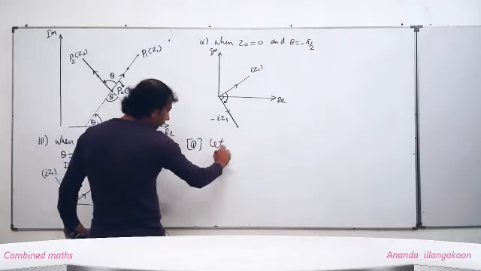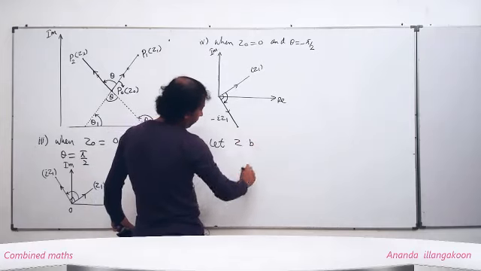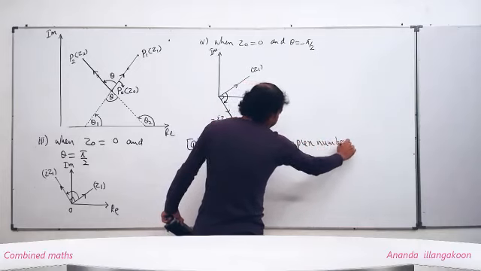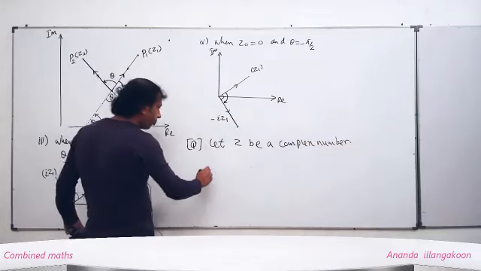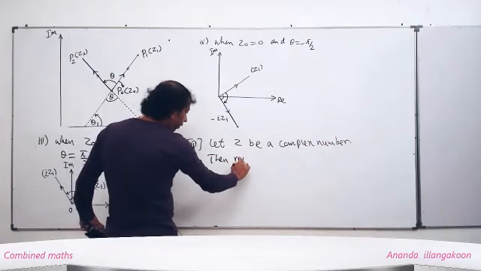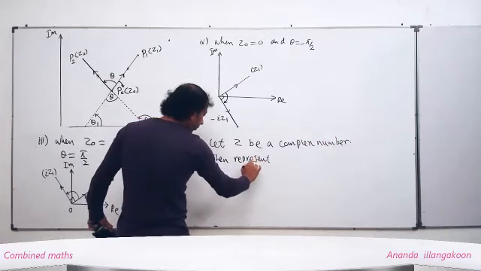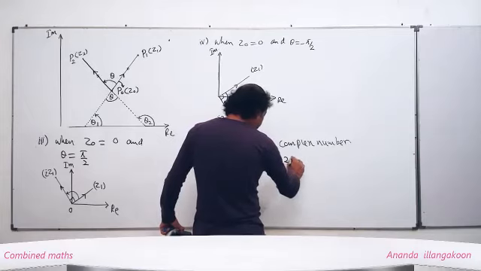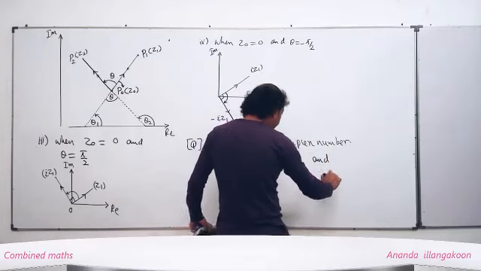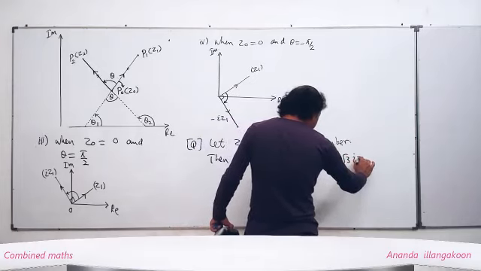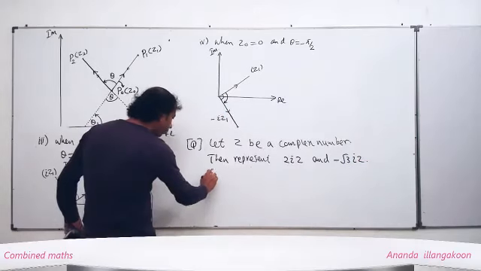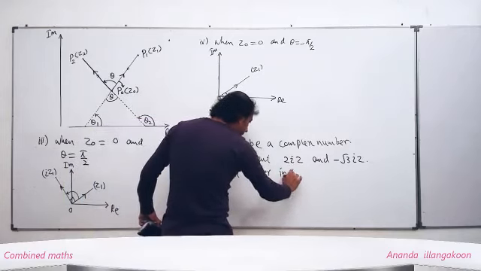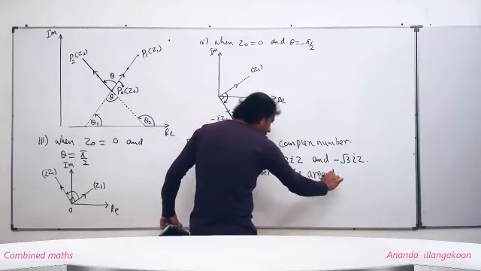Let Z be a complex number. Then represent 2iZ and minus root 3 iZ complex numbers in the Argand plane.